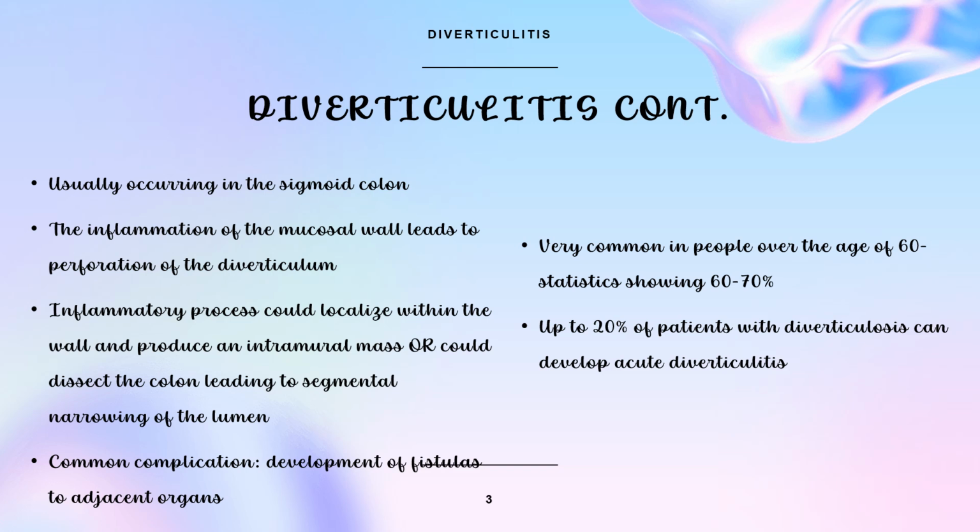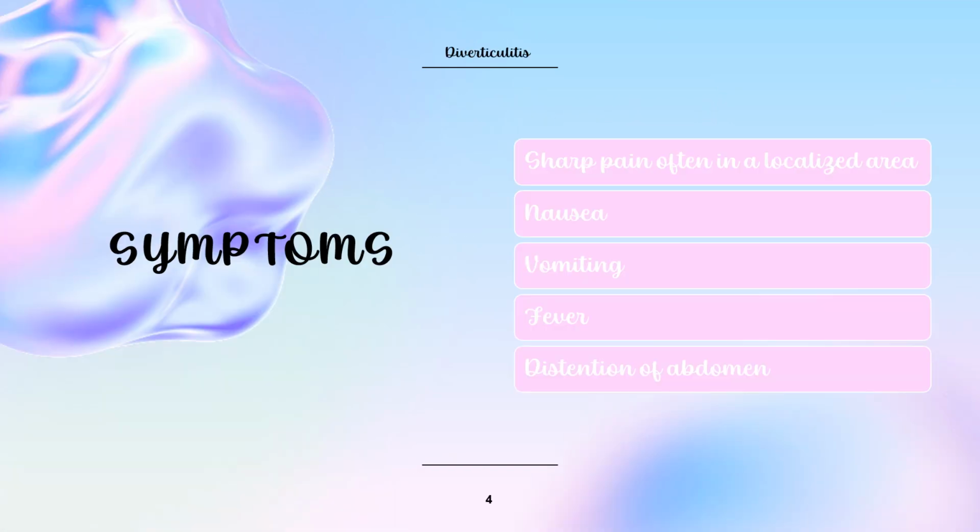It is pretty painful to have diverticulitis, but some of the symptoms are sharp pain, often in a localized area. More than likely it can be in the lower quadrants of your abdomen, since it affects the sigmoid colon the most.